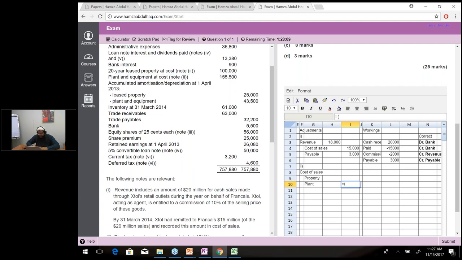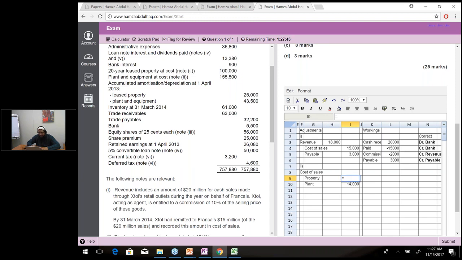So this is going to be 155,500 minus 43,500 into 12.5%. So you can refer to this formula. The cost minus the depreciation into the rate will give us the depreciation of plant. And if you look at the property, the cost was 100 and the life is 20 years.